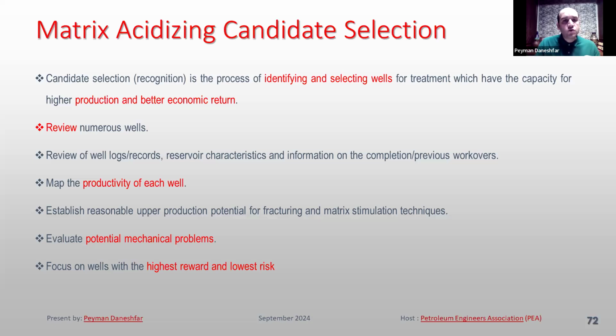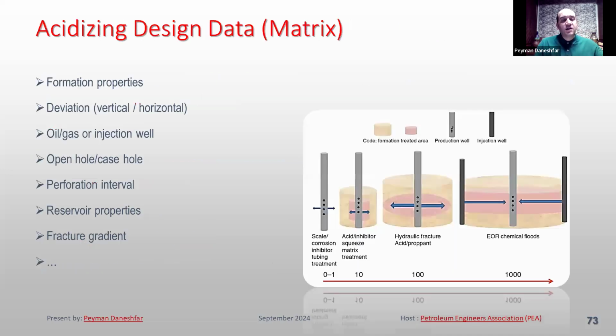Now we want to start how we can design a matrix acidizing job. For a matrix acidizing job, we should know about the formation properties, deviation, oil or gas well, old or new well, open hole or cased hole, the completion, the perforation interval, the net or gross interval, and also the reservoir.